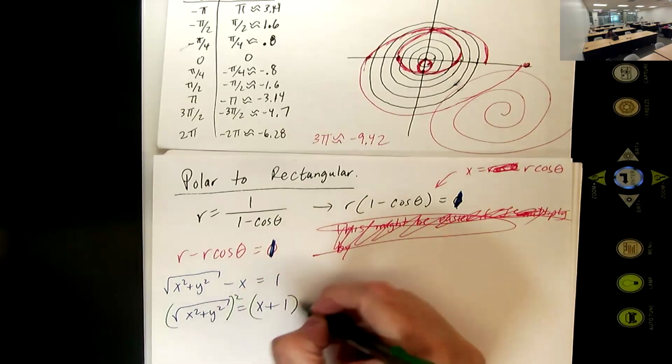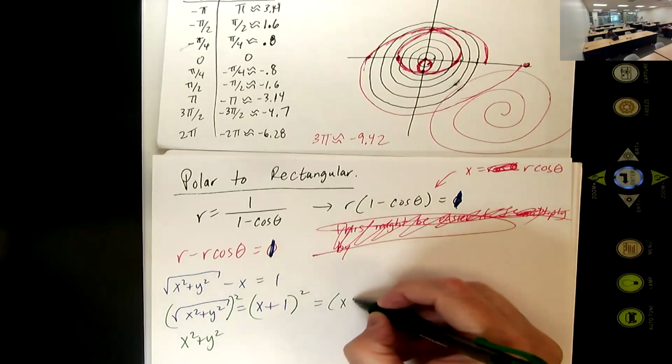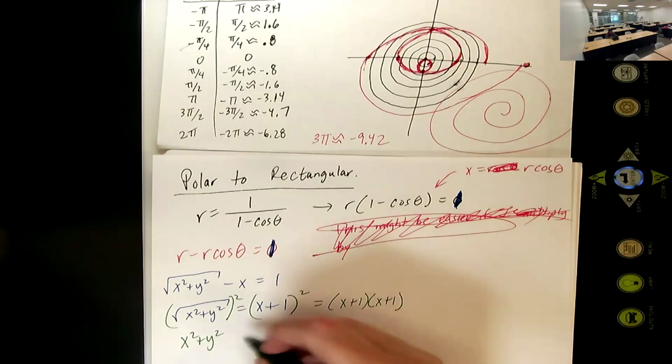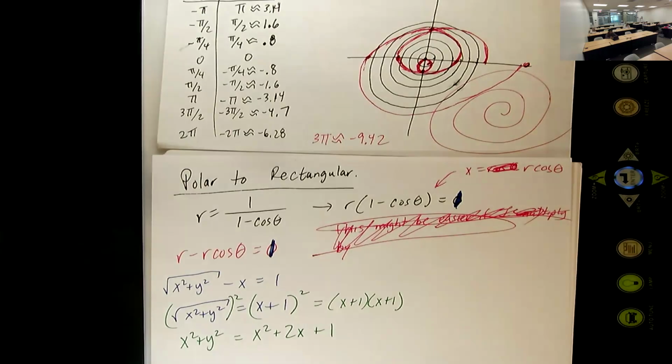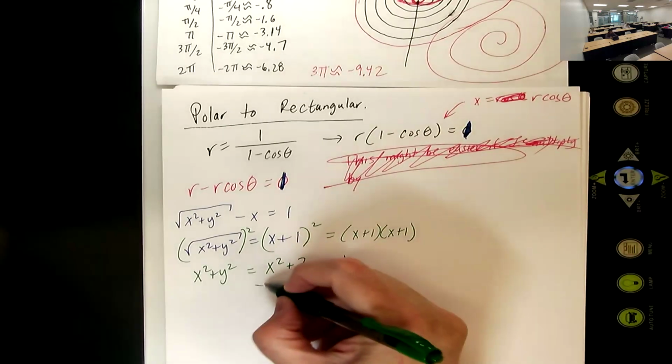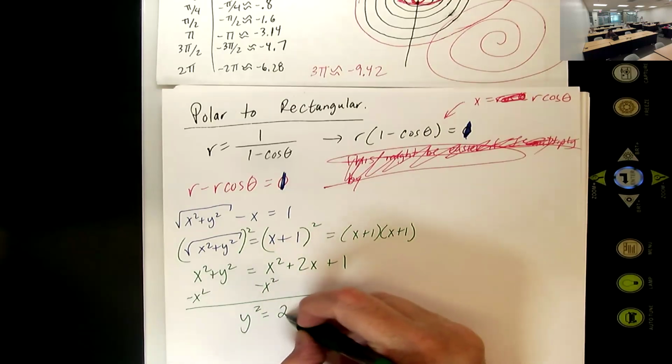And let's square it. Remember, this is x plus 1 times x plus 1. That leads to x squared plus 2x plus 1. So if I subtract x squared, I get y squared equals 2x plus 1.